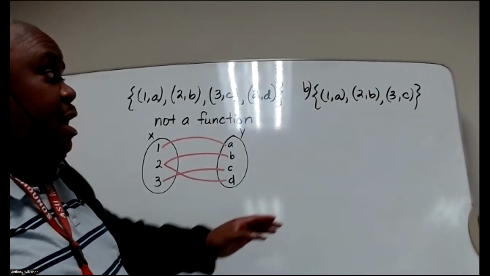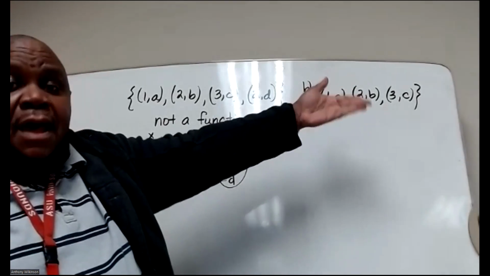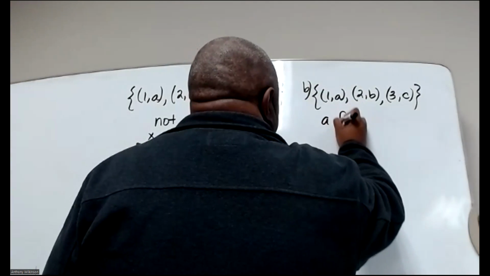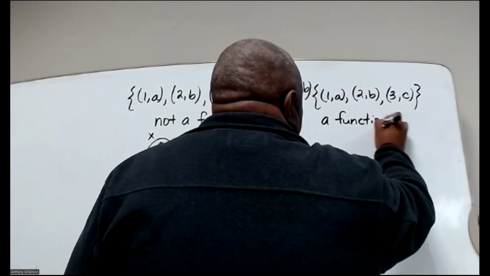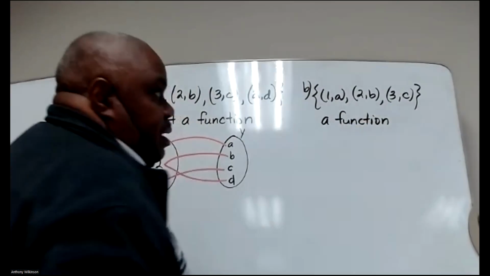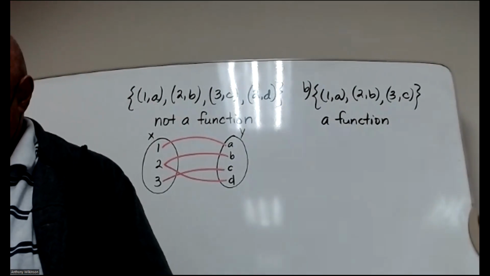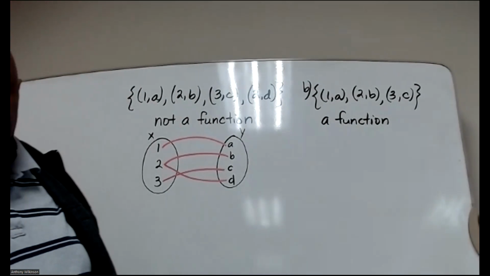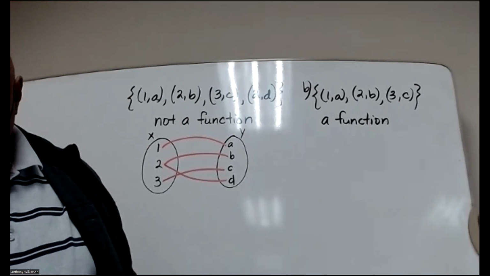This time it would be, because you only got 1 going to A, 2 is only going to B, and 3 is only going to C. So this is a function. Okay. Questions on example 9?